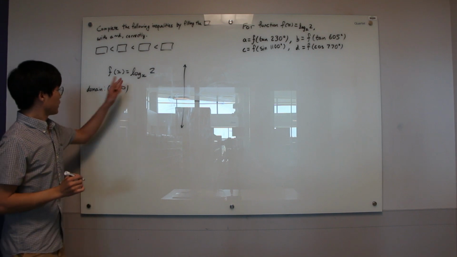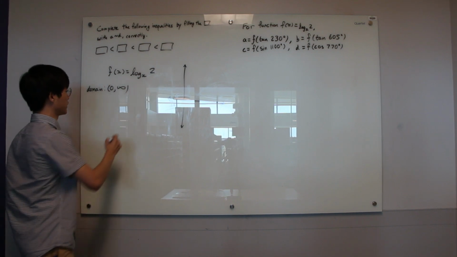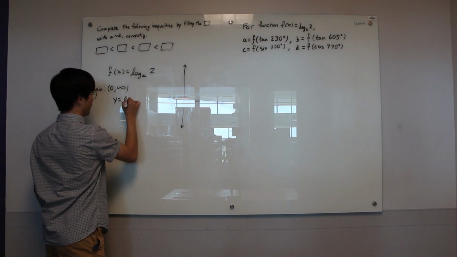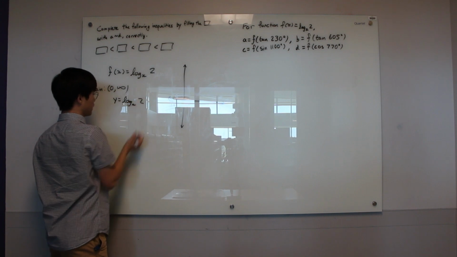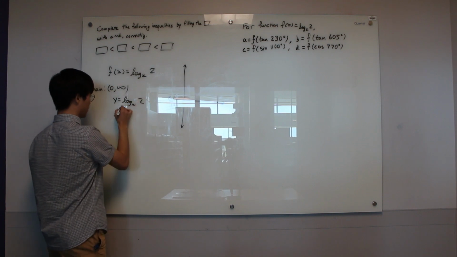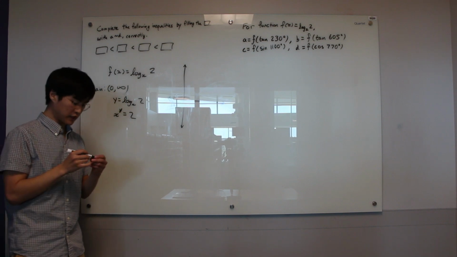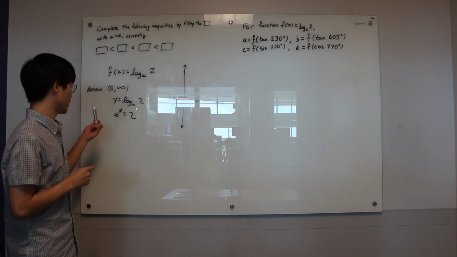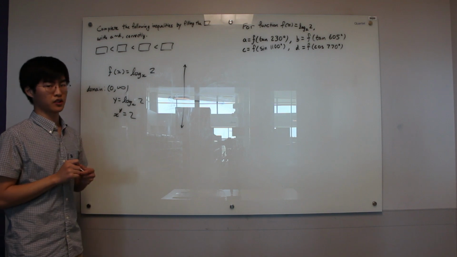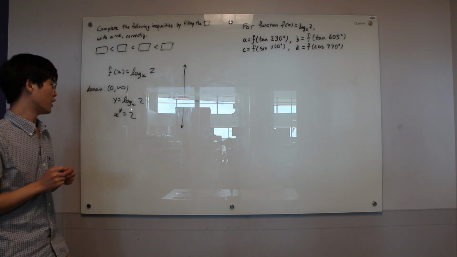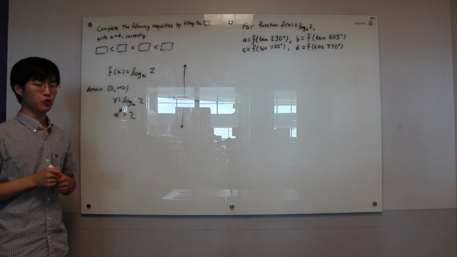Well, let's try to rewrite this. If we rewrite this, say y is equal to log base x of 2, we can also say that this is the same as saying x to the power of y equals 2. Now if we look at this, we probably realize another x value within this current domain that doesn't work. And that number would be 1.